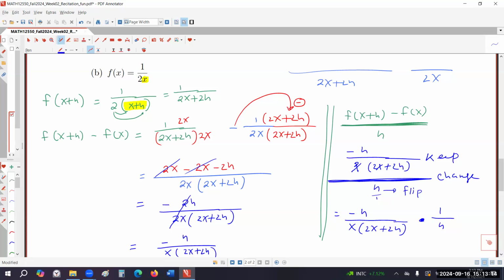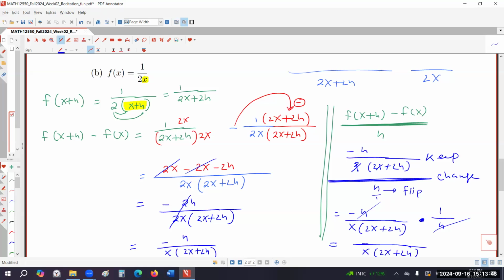What happens next? We have h on the top and h on the bottom. You can cancel them. Anytime you have something on the top, same thing on the bottom, and we have a multiplication between the denominators, then you're allowed to cancel. So you're left with x times 2x plus 2h on the bottom.